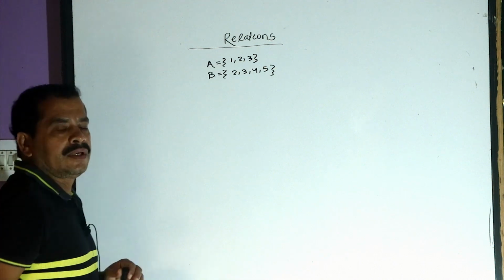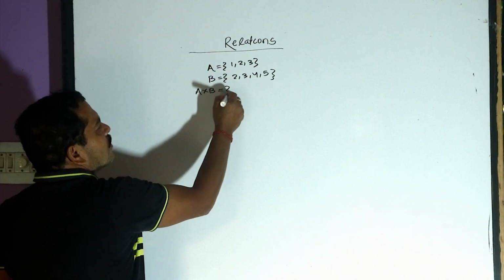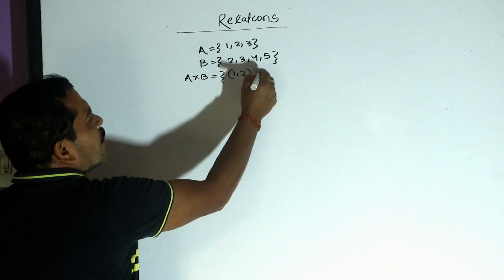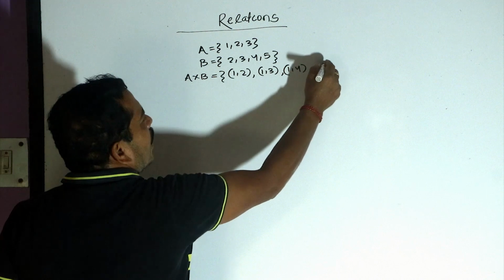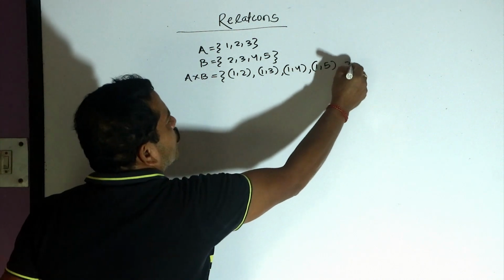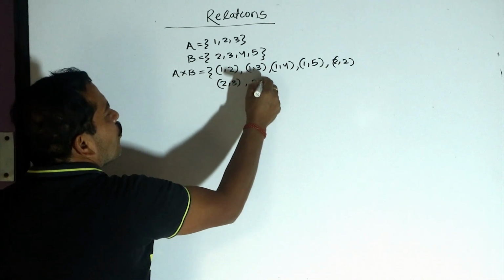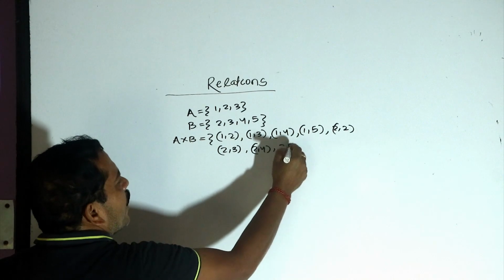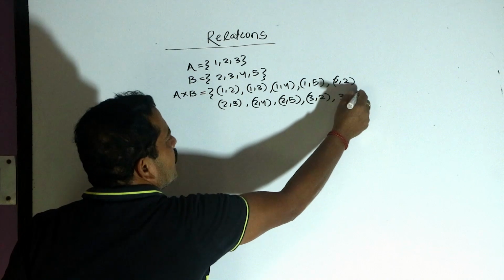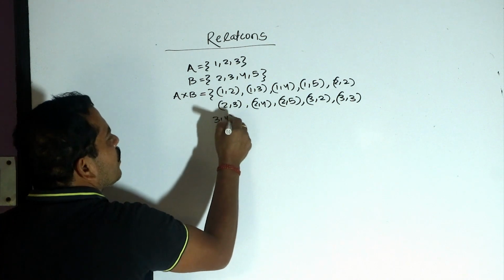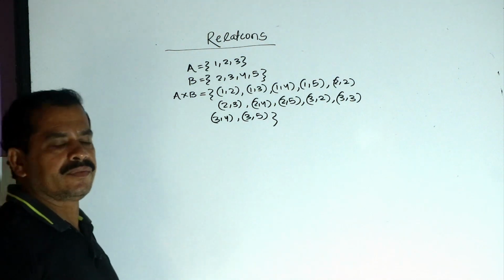Then we know that A cross B equals (1,2), (1,3), (1,4), (1,5), (2,2), (2,3), (2,4), (2,5), (3,2), (3,3), (3,4), (3,5). This is A cross B.